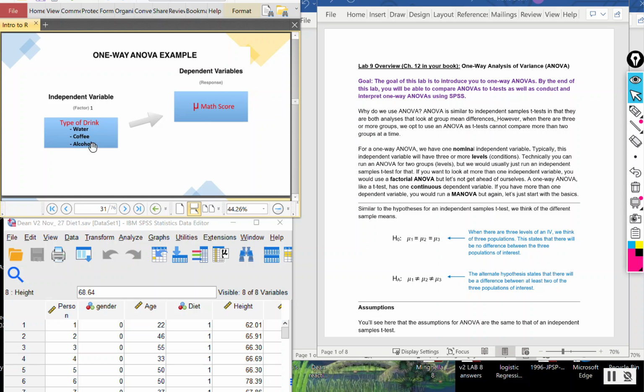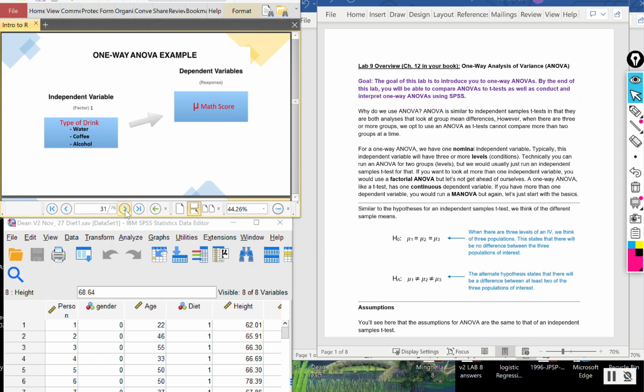We're trying to see if there is a mean difference in their math score. One group gets water, one group gets coffee, and one group gets alcohol, and then they're tasked to complete a math test, and their mean math scores are compared. That's the crux of this example of a one-way ANOVA.